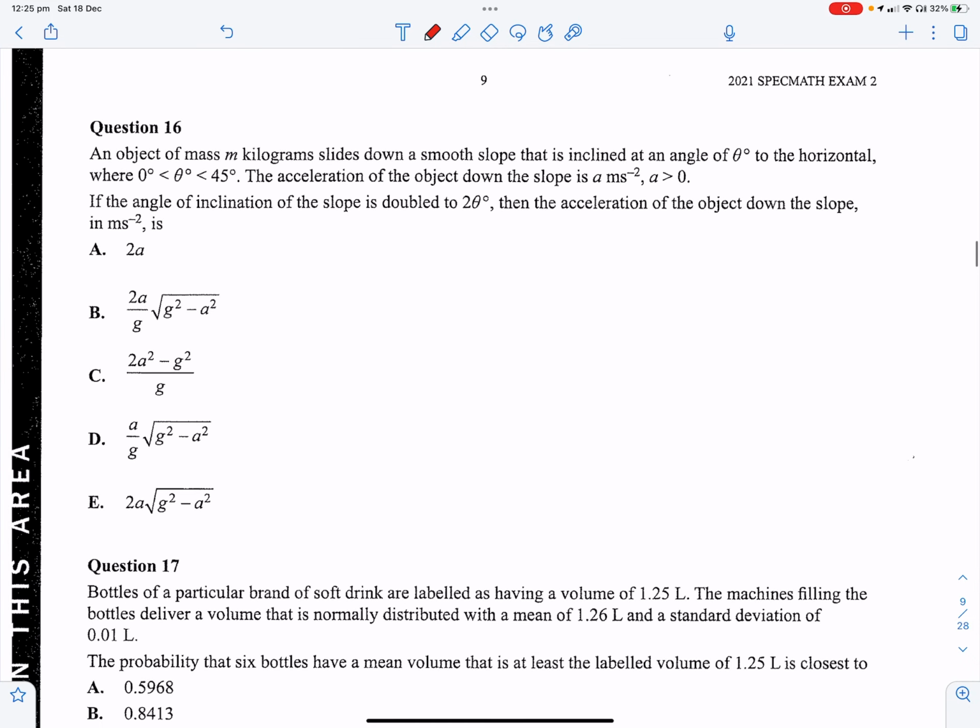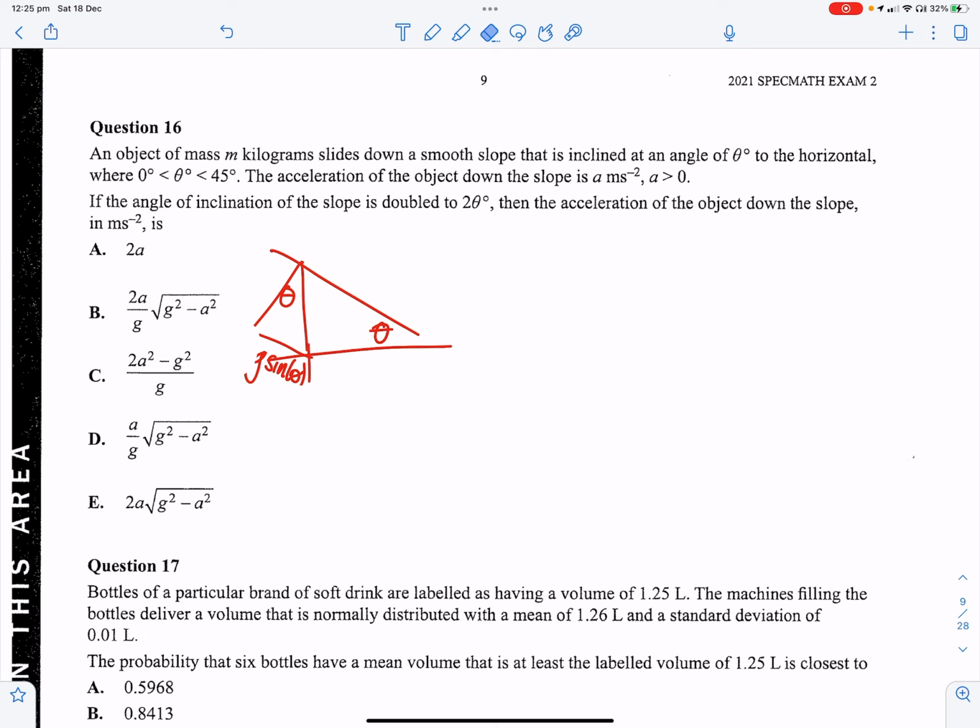Okay, an object of mass m kilos slides down a smooth plane that's inclined at an angle of theta degrees to the horizontal. So let's say there's theta, mg. So we know mg sine of theta, that is, I'll just say g sine of theta, don't need to worry about the mass.